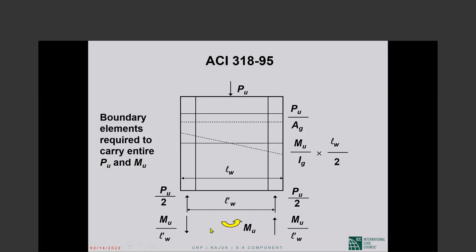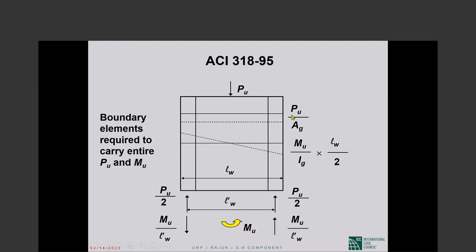Okay. Then we take the factored overturning moment at the base. So this comes from analysis of the building containing the shear wall under code prescribed seismic forces, which are already strength level. Okay, so that gives us M sub U. We take the M sub U, divide by the gross moment of inertia of the shear wall section, multiply by half the length from the central line to the extremity. Okay. That gives us maximum compression on one face, maximum tension on the other face.